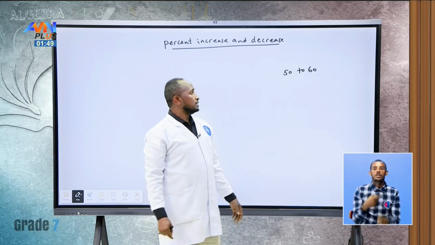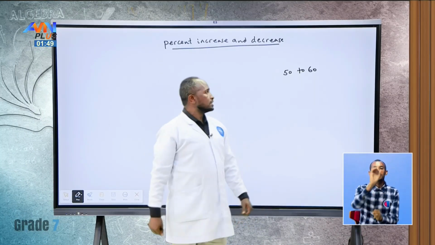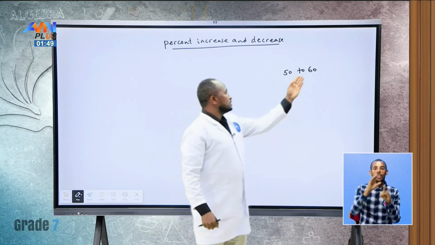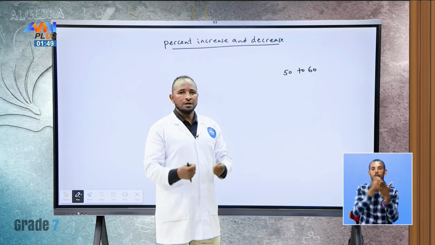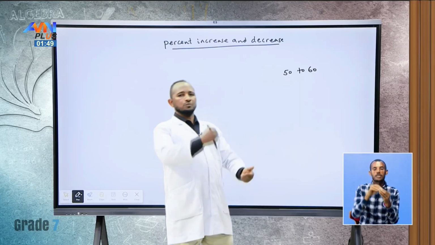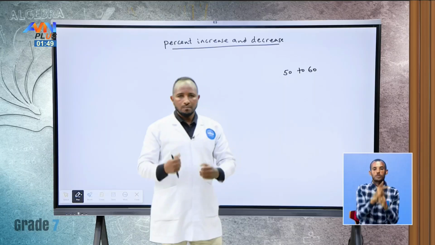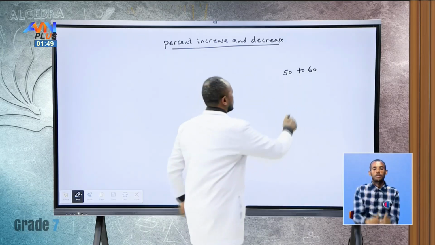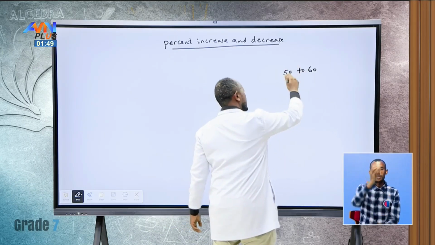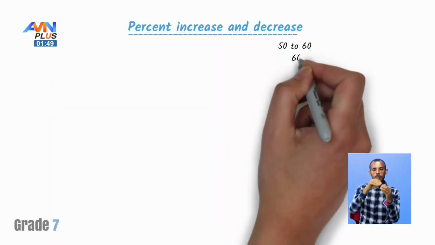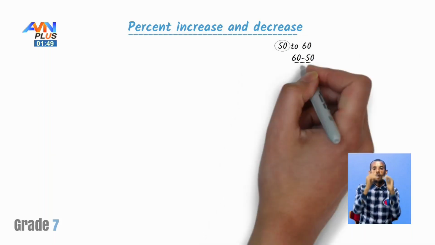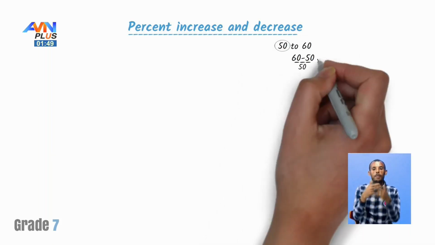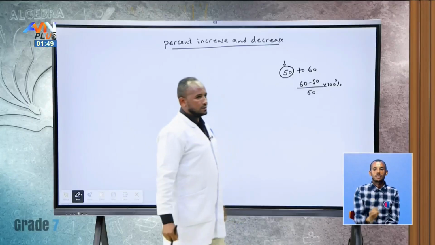To find the percent increase, you simply calculate the increased amount and write that increased amount as a fraction with respect to the original amount. To convert this to percent form, the increased amount is 60 minus 50. You divide this by the original quantity and then multiply by 100% to convert it into percent.